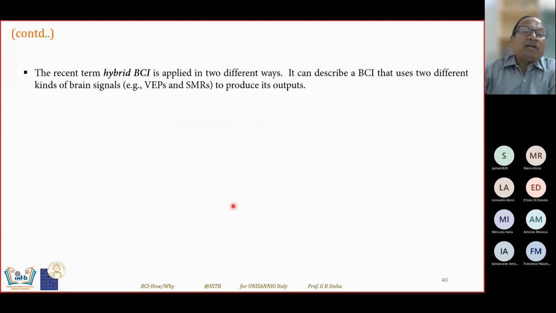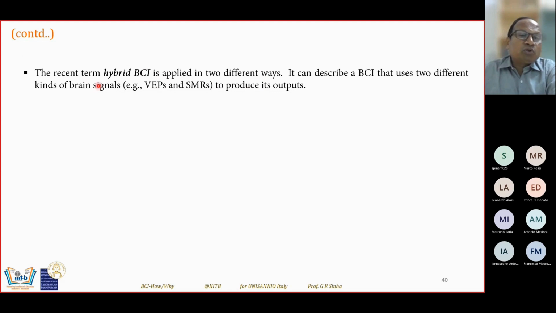The term hybrid BCI: you have seen there is dependent, there is independent, and there is a term called hybrid BCI. What we are currently doing, you already know, we are talking about terminologies. So hybrid BCI is applied in two different ways. It can describe a BCI that uses two different kinds of brain signals, either VEP or SMRs, to produce the outputs, because VEP is an example of dependent and SMR is an example of independent.